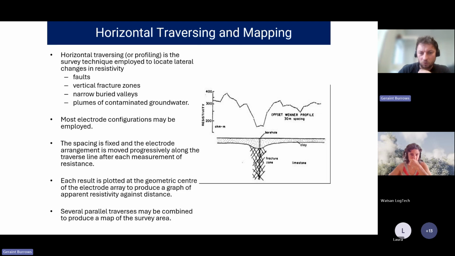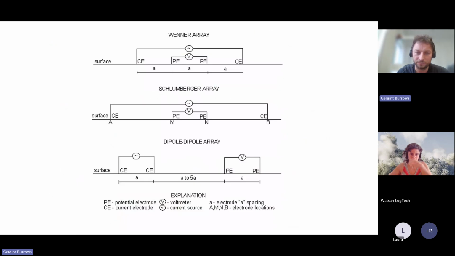And I will talk about that in a bit as well. But yeah, absolutely. So if you're doing the survey yourself, to be able to decide on the initial distances that you want for your electrodes to do that traverse, you would probably initially do a vertical electrical sounding anyway. Ideally next to a nearby borehole that you have a geological record for, so that it can help to calibrate your readings.